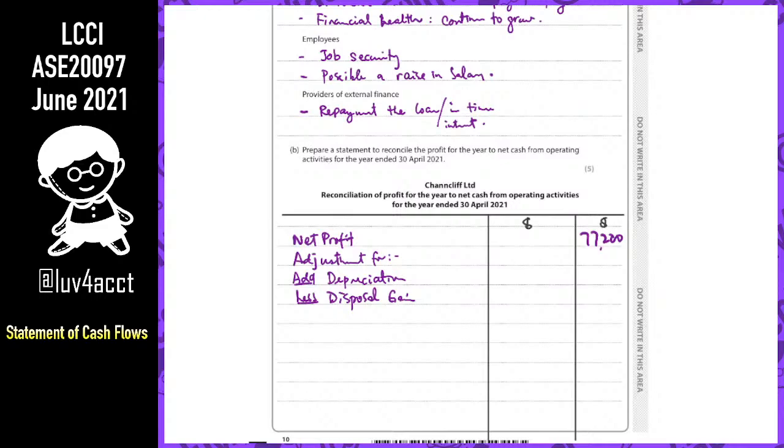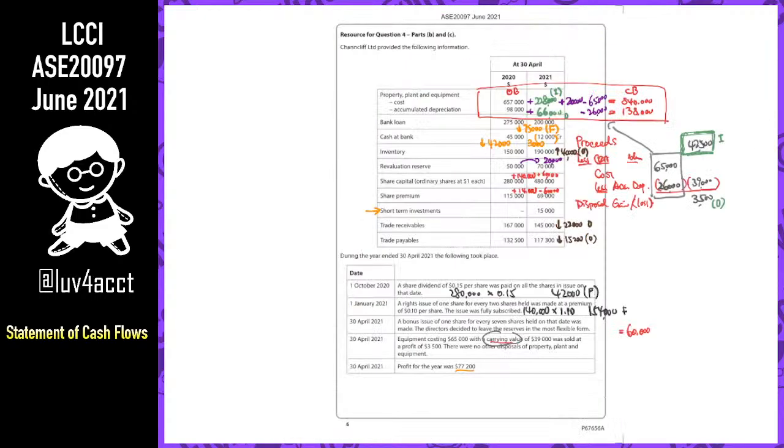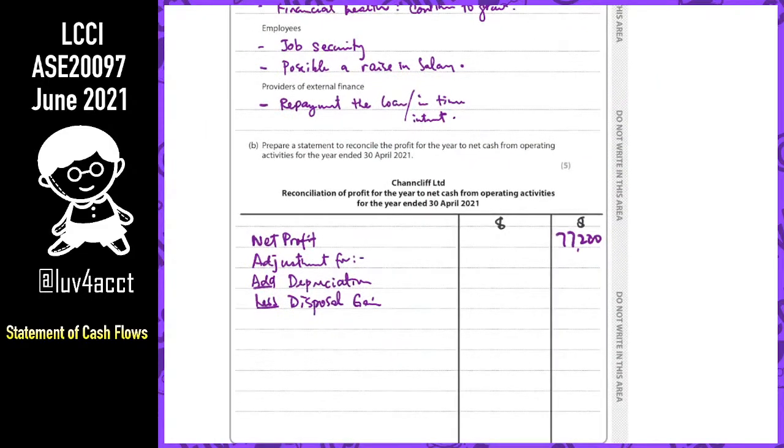So depreciation, how much? 66,000, so 66 add, and then 3,500 negative, 66,000 less 3,500 is 62,500. Total 139,700.